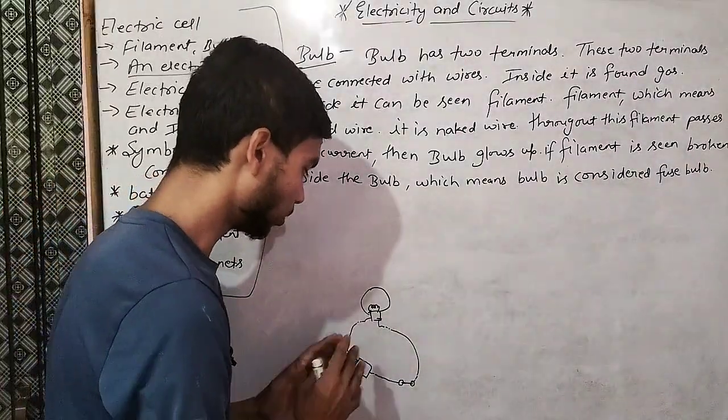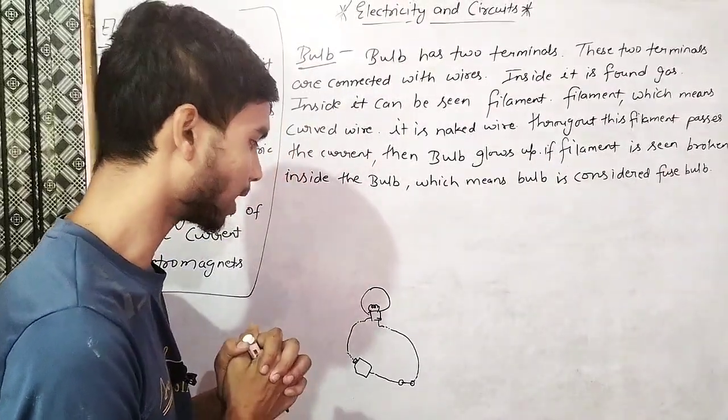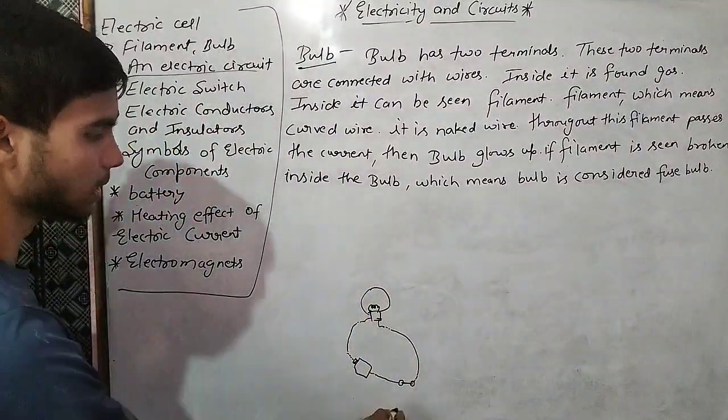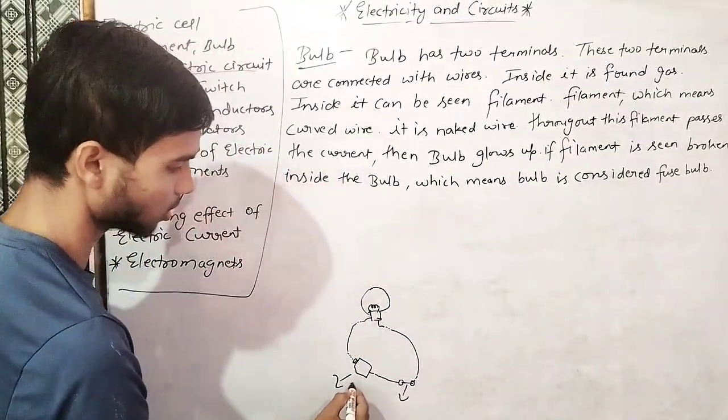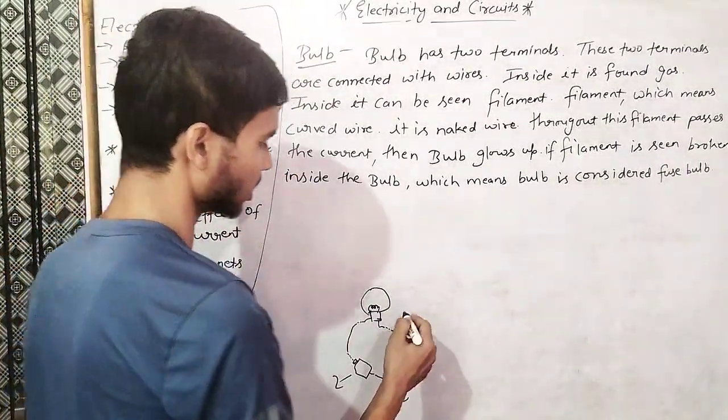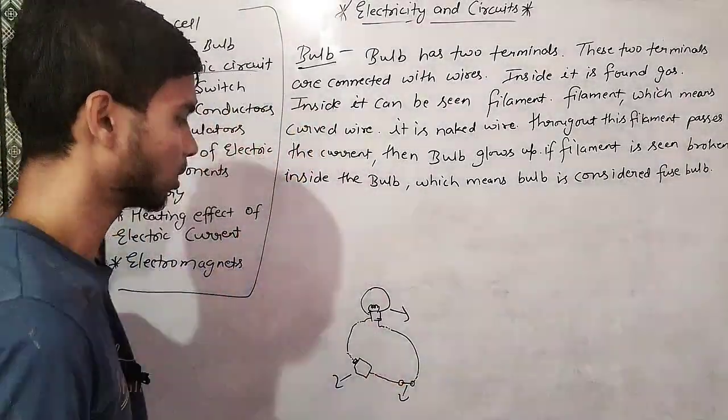If all things are well, then it will work. This is the electric switch, this is the battery, and this is a bulb. Clear? About the bulb we discussed.